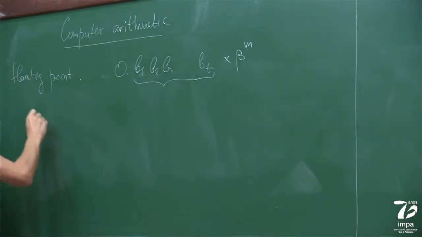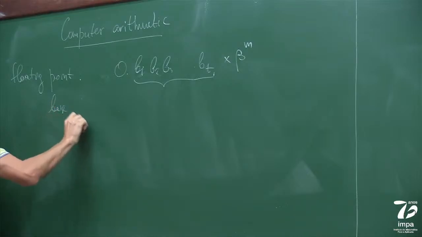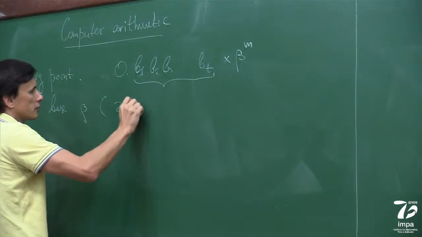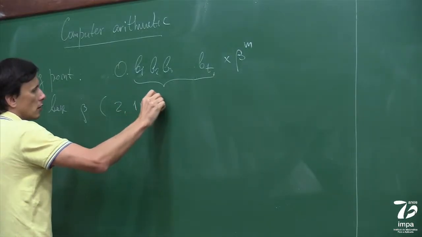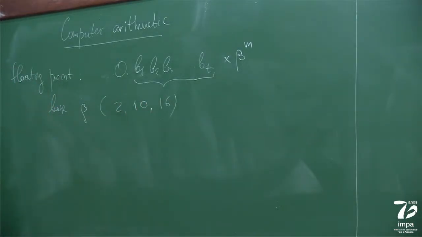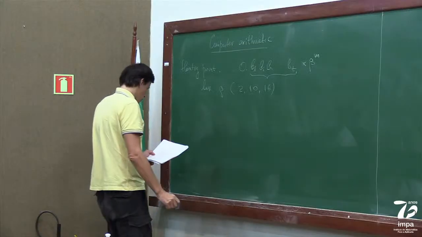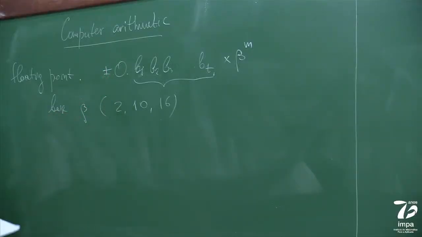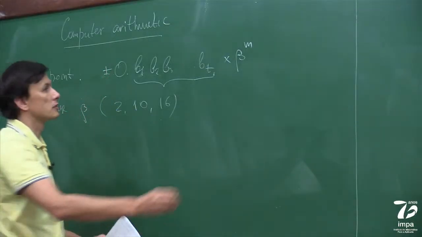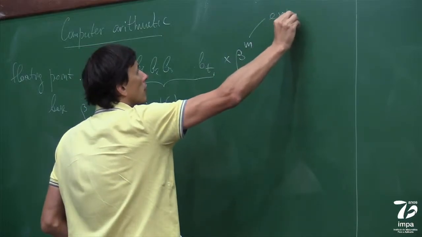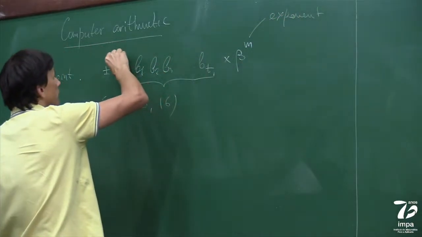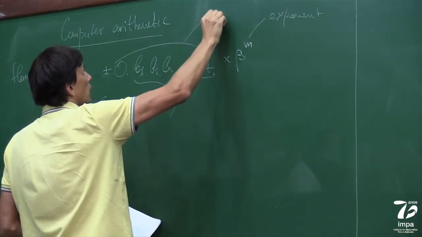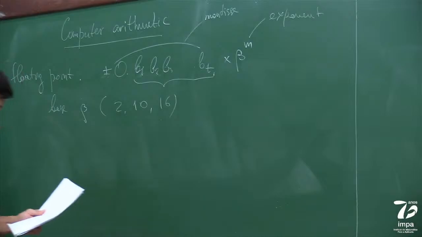So in this structure, we have a base, beta, which in most cases is either 2 with binary, or 10, the decimal that we use, and there is also 16, also used in numerical analysis. And then there is plus or minus in front, and m is the exponent, and the other part of this number is the mantissa.